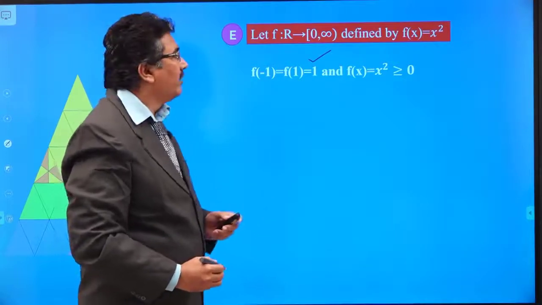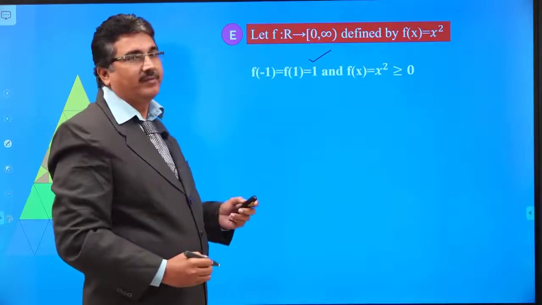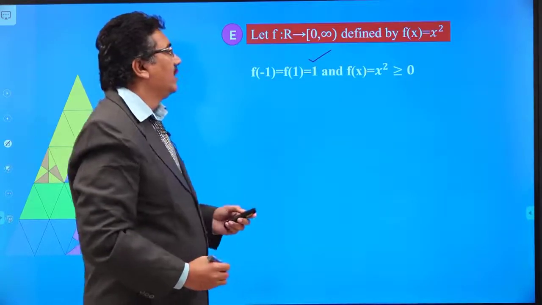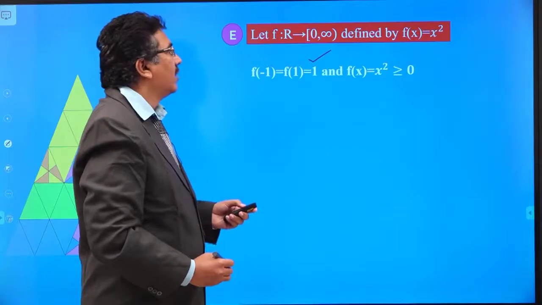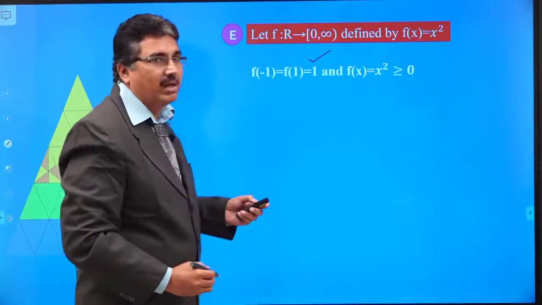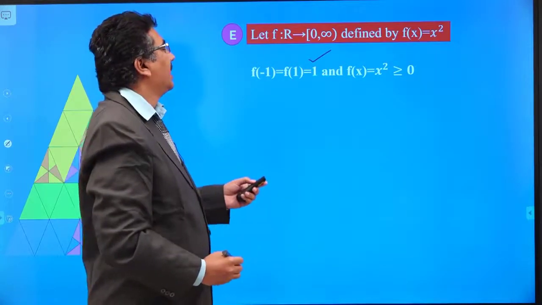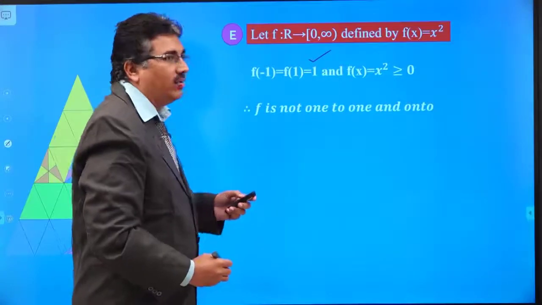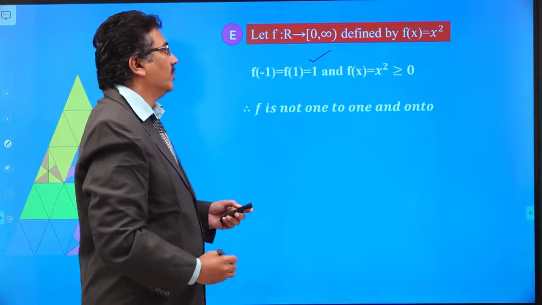Therefore, f is not 1-1, and the function is non-negative. Range is equal to the closed interval 0 comma infinity. Therefore, the given function is not 1-1 and onto.